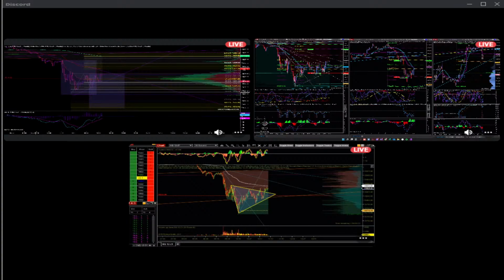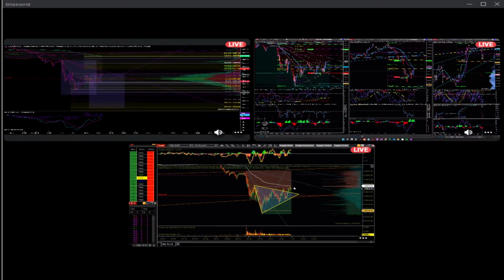If we break through this VWAP here, guys, we'll be looking into this trend line here, and we'll be very bullish. If it breaks up, we could be making an XABCD pattern.